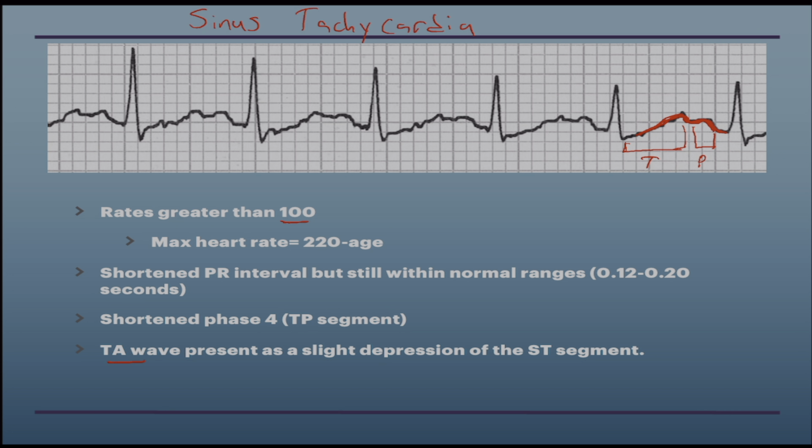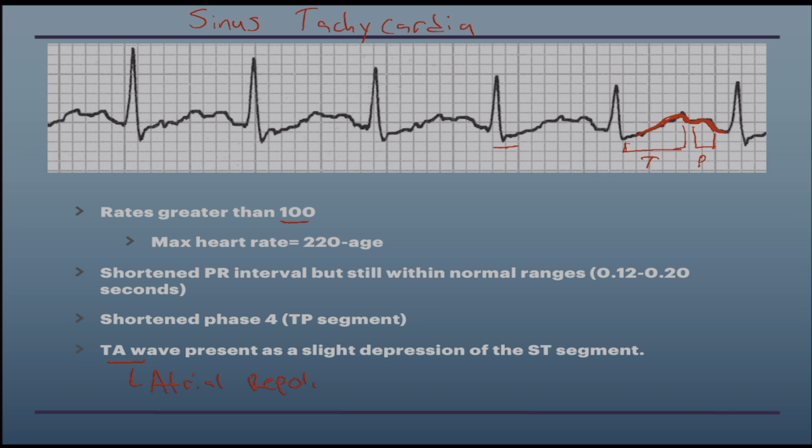This Ta wave is what represents atrial repolarization. And we typically don't see atrial repolarization because the QRS depolarization takes over the electrical view and just hides that. In tachycardias, because the heart is going faster, sometimes that Ta wave starts to shine through and can cause some slight ST depression.